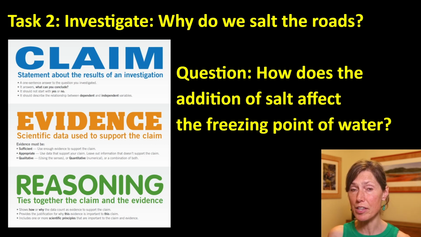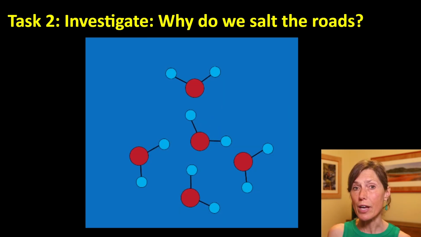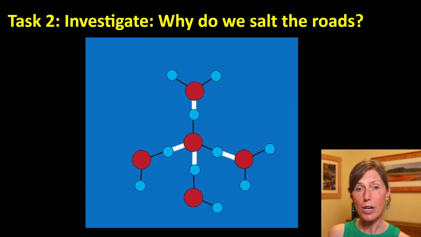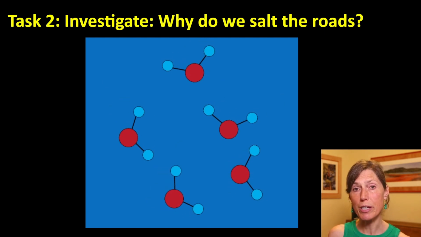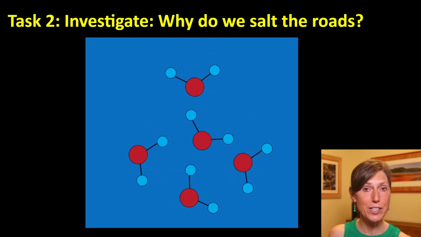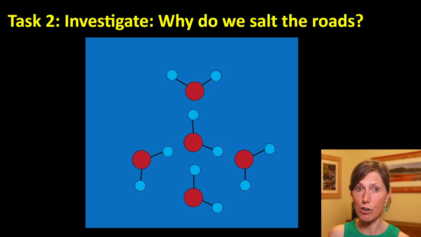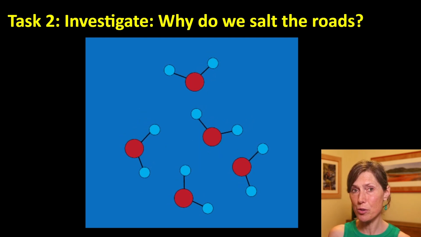Again, the question that they were to answer was, how does the addition of salt affect the freezing point of water? To answer that question fully, I really had to do some direct instruction so as to coax them into writing the best reasoning component of that CER statement. Why do we salt the roads?